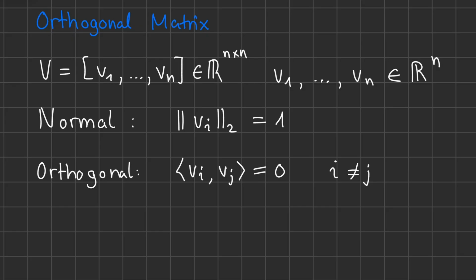Now we get into the naming, which might be a bit confusing, namely that of orthogonal matrices. Orthogonal matrices are real square matrices whose columns are composed of vectors v1 until vn that all have the size 1, so they're normal, and they are pairwise orthogonal, so their scalar product is equal to 0.